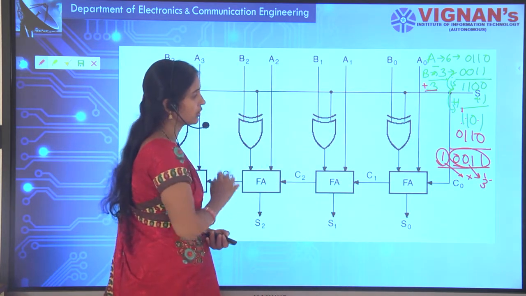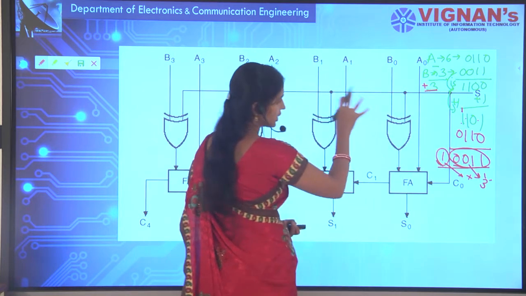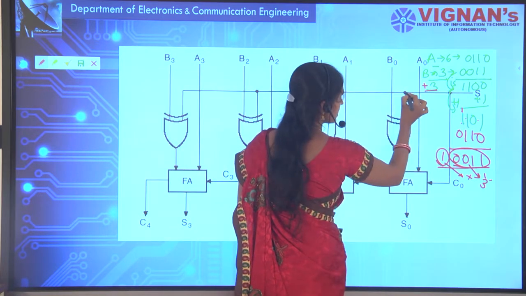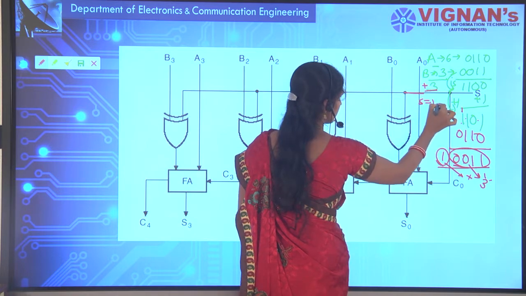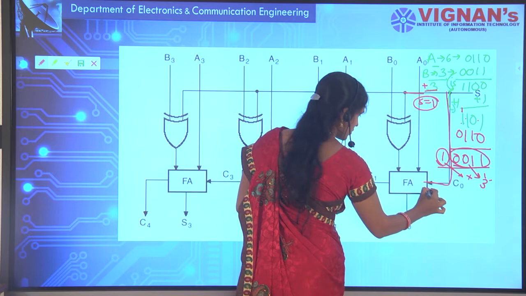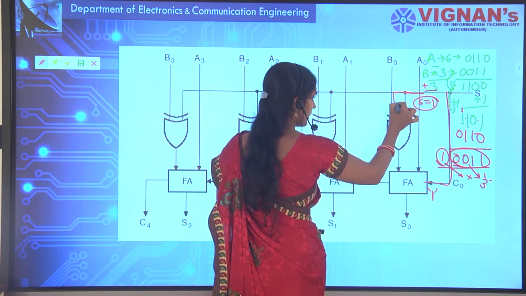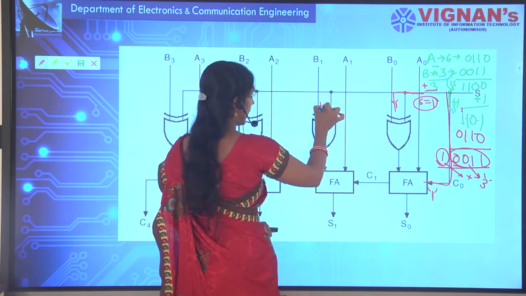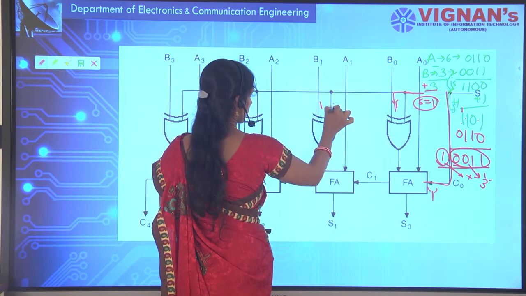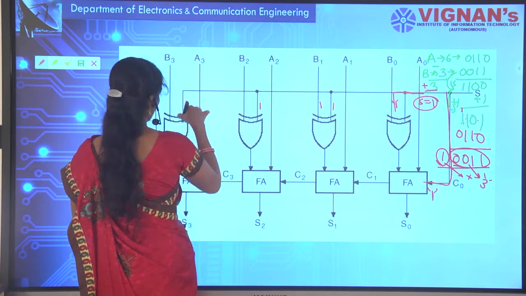Now how will you do this with a circuit? In order to do subtraction you will consider S equivalent to 1. If S is equivalent to 1, then C0 is equivalent to 1, and the same C1 will be provided here, 1 1.